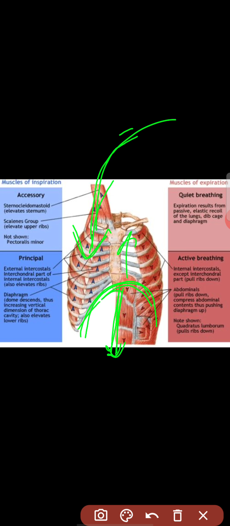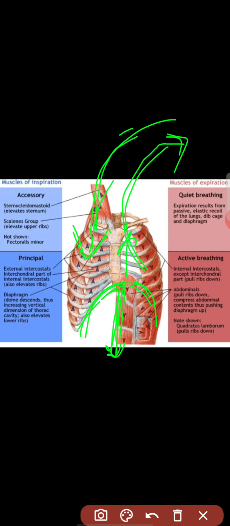When it moves upward, it also participates in expiration. During active breathing, your diaphragm moves upward and pushes the air out from the lungs. When it moves upward, it increases the pressure within the pleural cavity. The pressure is greater than the atmospheric pressure, which helps the movement of gases from the lungs to the air.